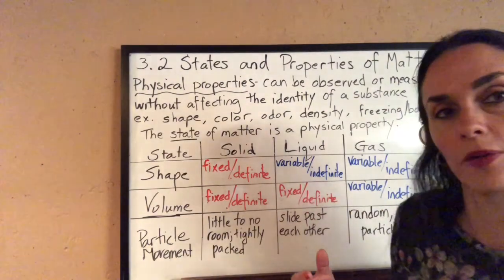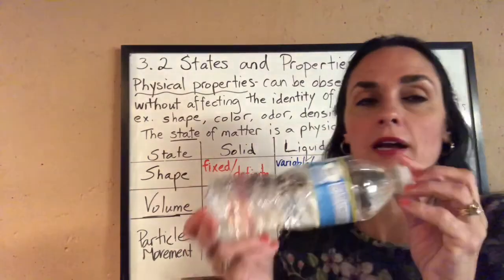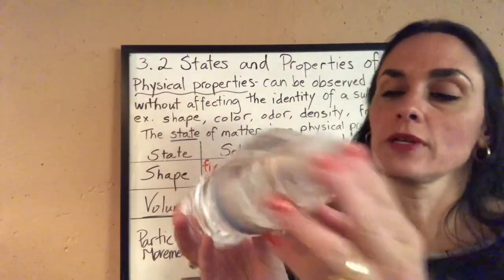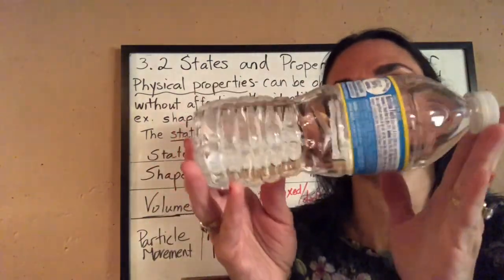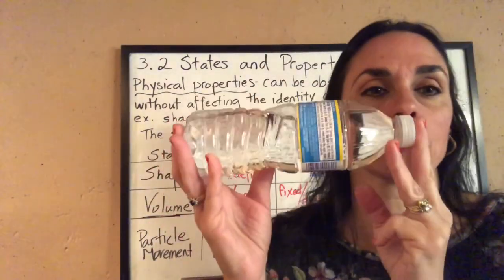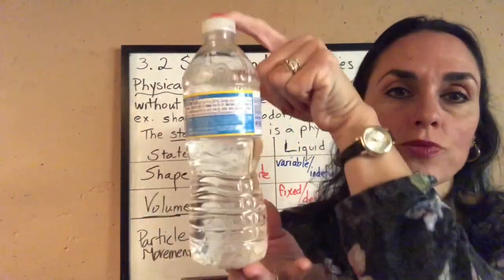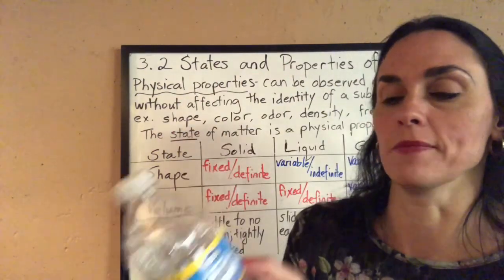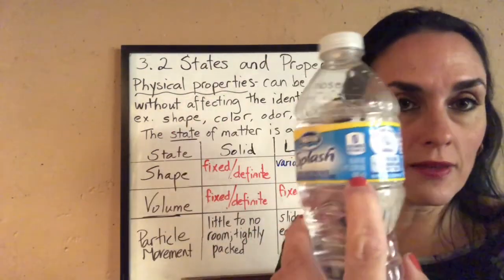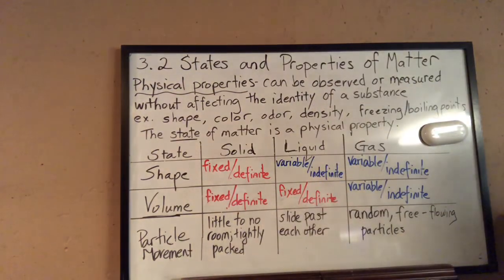The volume of a liquid is fixed or definite. This water bottle here, I drank a little bit out of it, so it has less than 500 milliliters. Maybe it has about 475 milliliters. I only took a little sip. So regardless of which way I turn the bottle, the volume is the same, roughly that amount, regardless of which way the shape is formed.